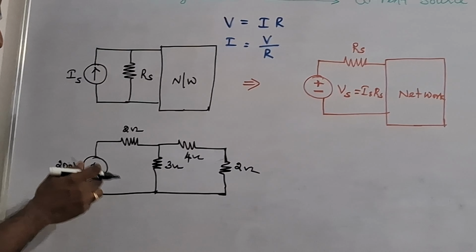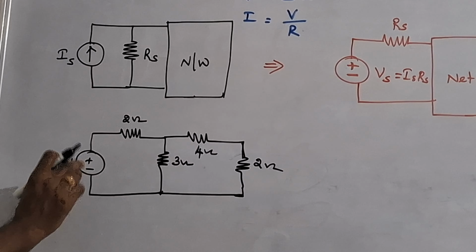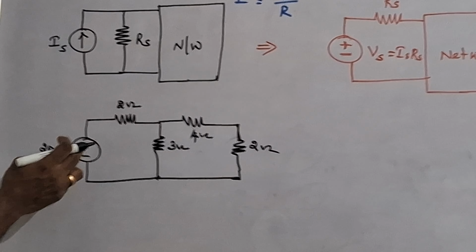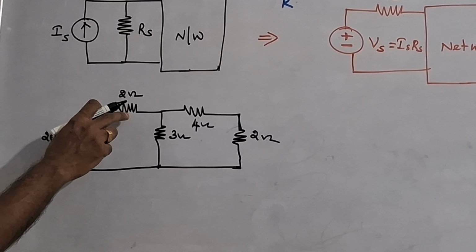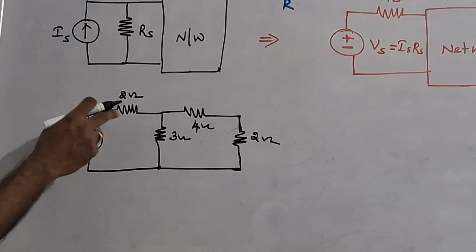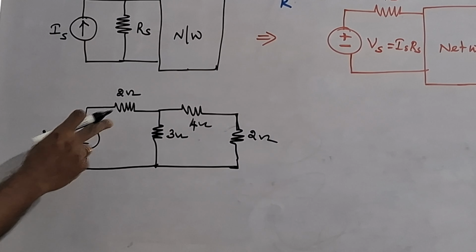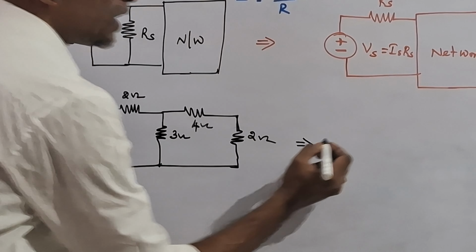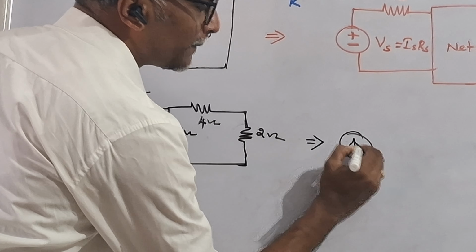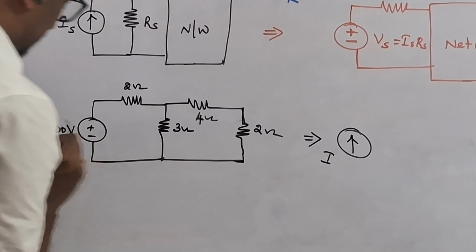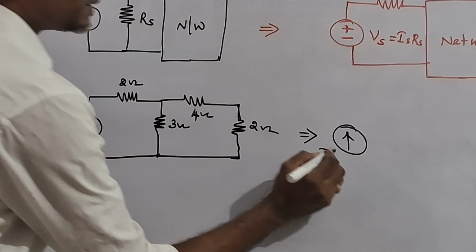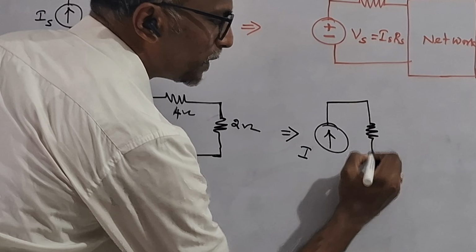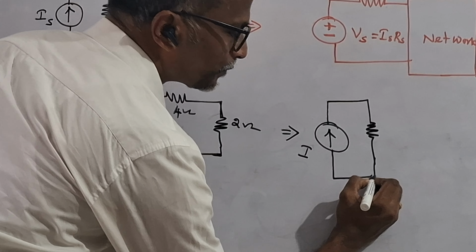Now I want to convert this voltage source to a current source. In this circuit, one resistance is connected in series with the voltage source, so now I am going to convert that into the current source. This is the current source I, and the resistance has to be connected in parallel.